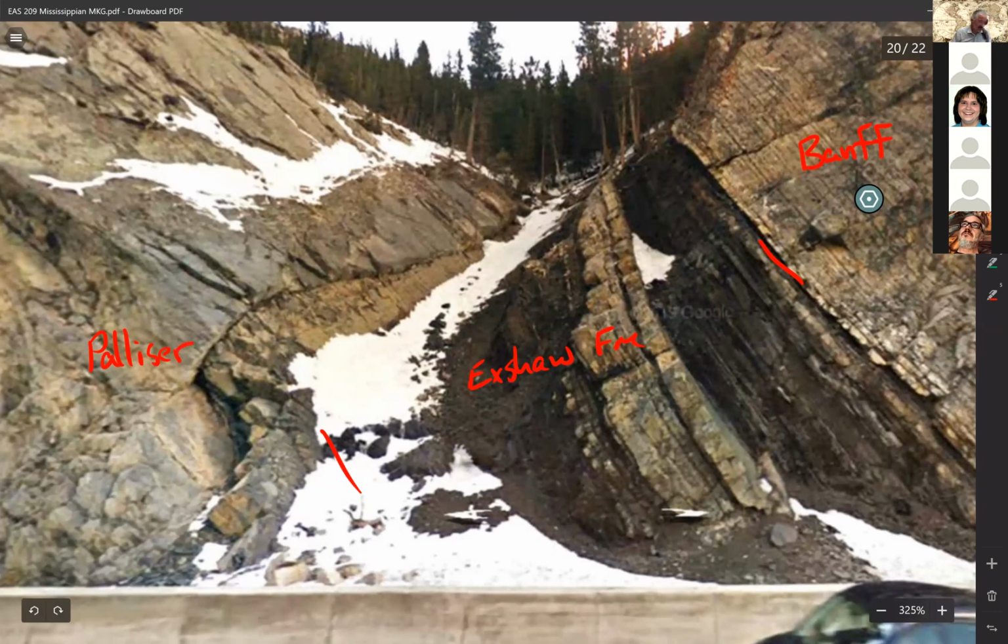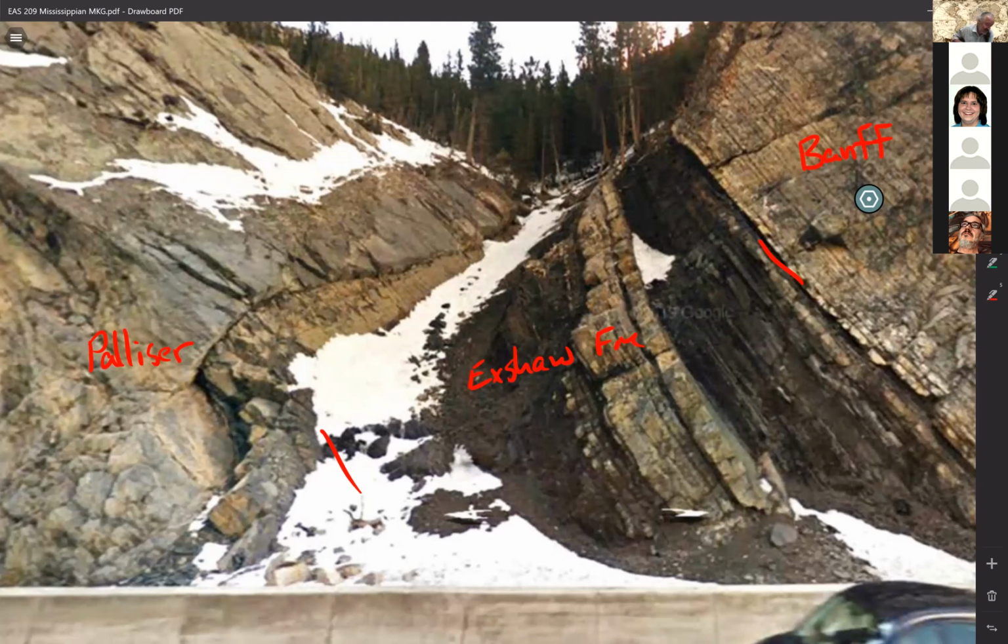The Palliser is interesting because it's present throughout the Front Ranges and main ranges, but more the Front Ranges of the Cordillera, and it's not very fossiliferous, and that's because the Palliser contains an extinction event in it.